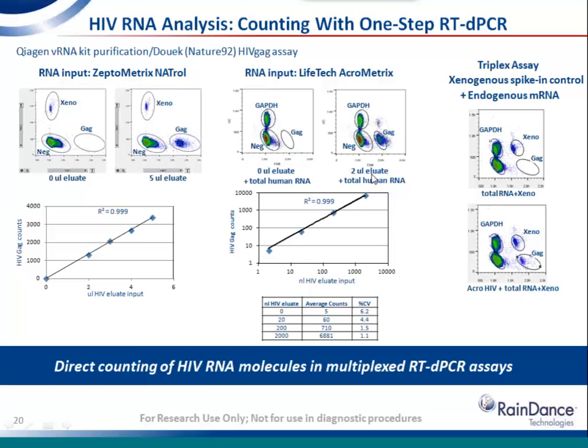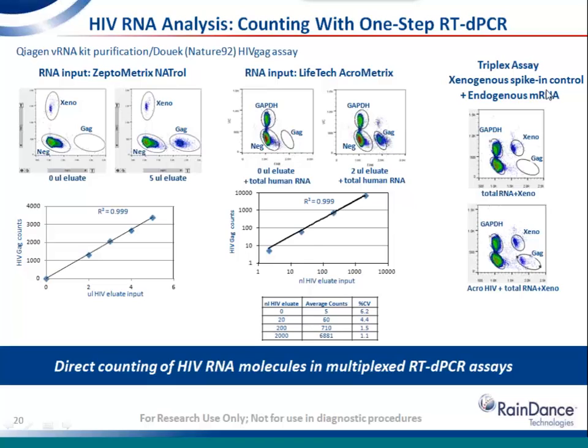And either 0 or several microliters of that eluate were pipetted into the well in the presence of total human RNA. And for this series of experiments, instead of using the exogenous spike-in as a control, GAPDH was used as an endogenous control. So you can see endogenous RNA and the HIV GAG RNA in the same experiment. Again, you can see a very linear response. These measurements were done in replicates, and you can see in the table below that the CVs are remarkably precise, very low CVs.